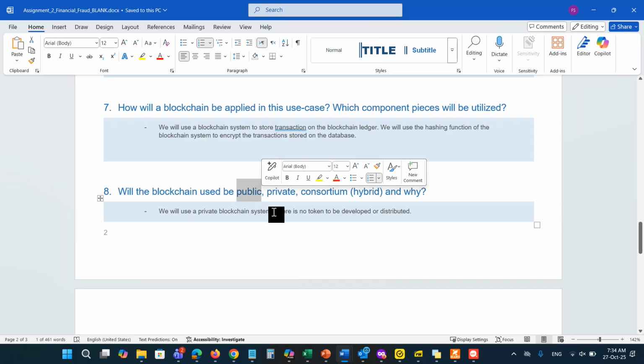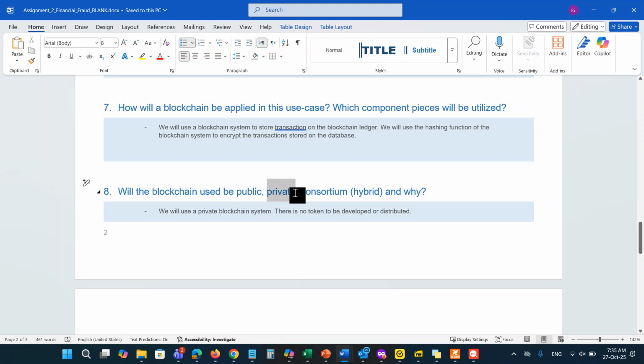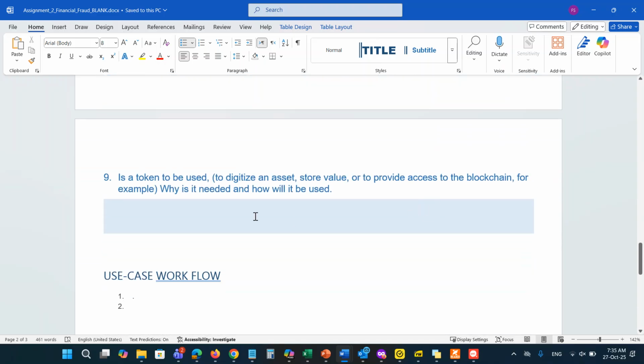If there's no token, in this case it's a private blockchain, we're just going to be storing transaction hashes on the blockchain ledger and storing them in the database using the hashing function, which is the encryption function of blockchain. Is the token going to be used? We said no token will be used. We will use a private blockchain system to store transactions.